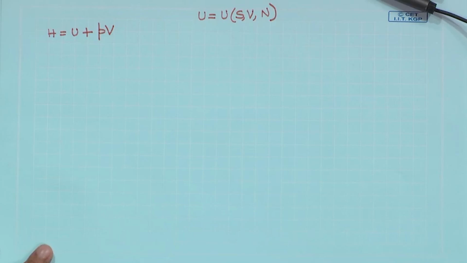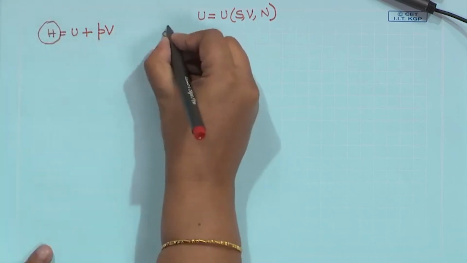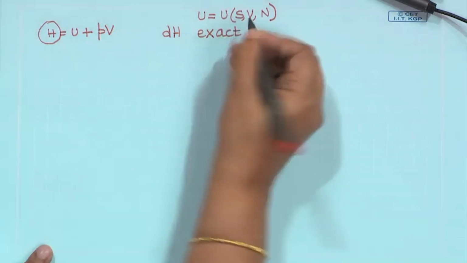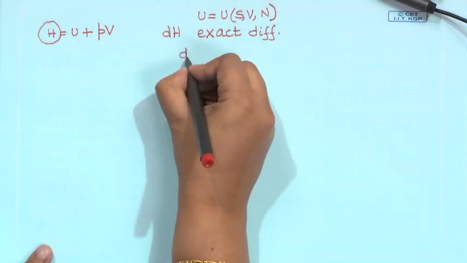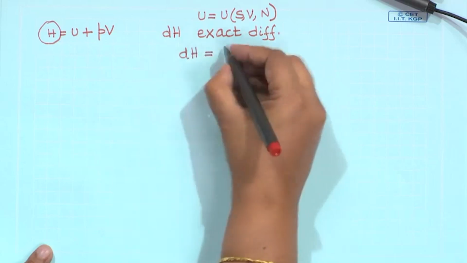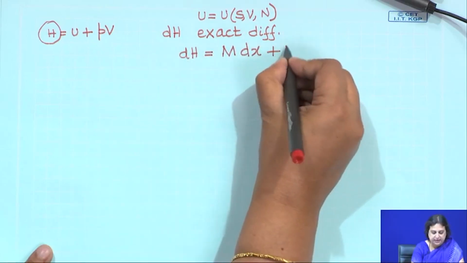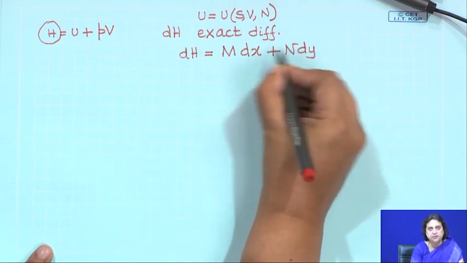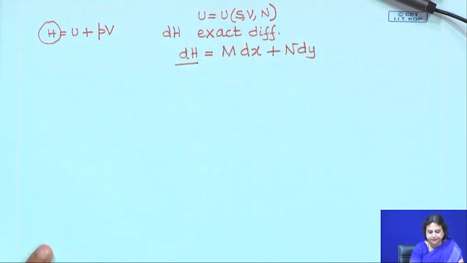Once again, please remember that H is a state function. Therefore, dH is an exact differential, and there I should expect that dH should be written as something like M dx plus N dy, where x and y are the two independent variables on which H depends.